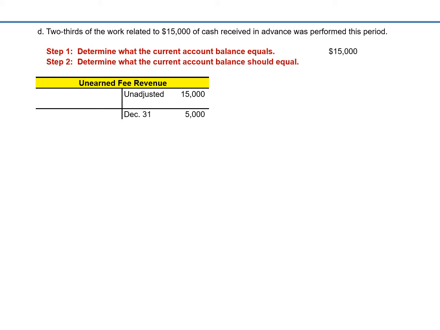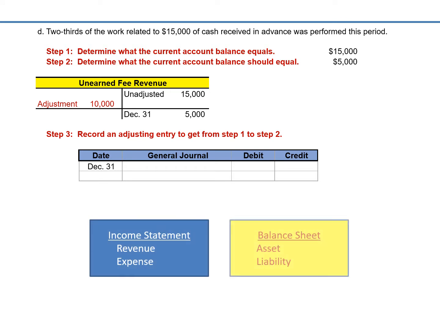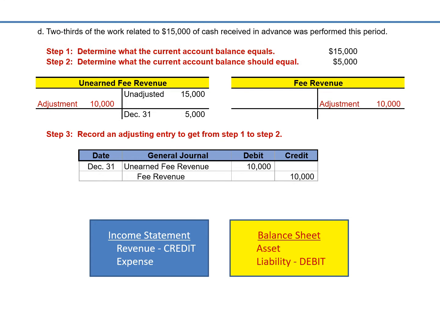That's what we want our account to equal. So in order to reduce our liability, we need a debit of $10,000, right? So we debit our unearned fee revenue and we credit revenue because we've earned that revenue now, right? $10,000. There's our other T account, our fee revenue. Credit of $10,000.